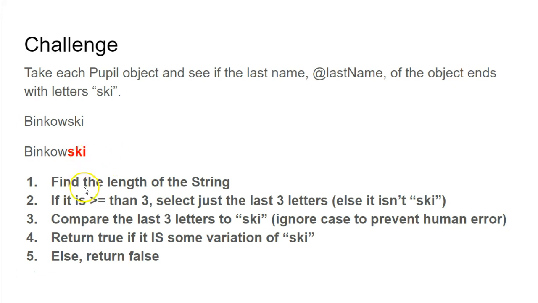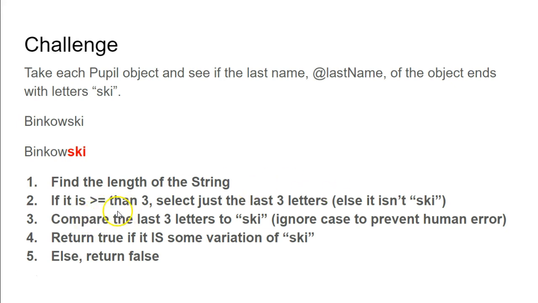And I have to think to myself, well, if the last name is greater than or equal to 3, then I know I could find the letters SKI because there's 3 letters there. If it's not, then the name's not going to work. So if I've got a 2-letter last name like Wu, W-U, I wouldn't even bother checking it. By default, it's not going to be SKI because it's only 2 letters long.